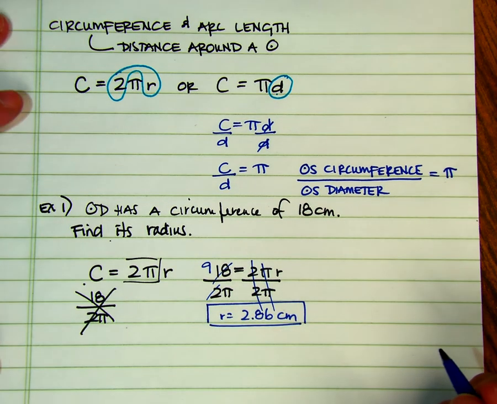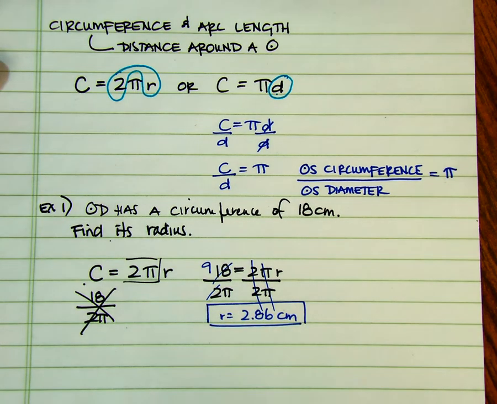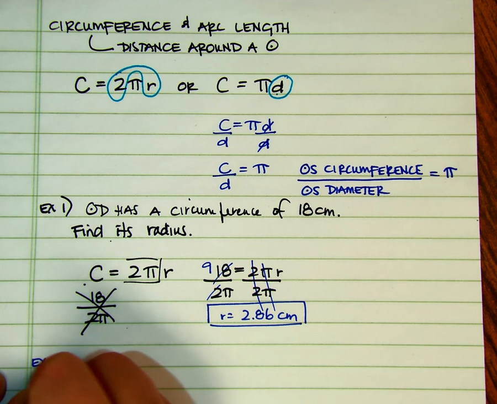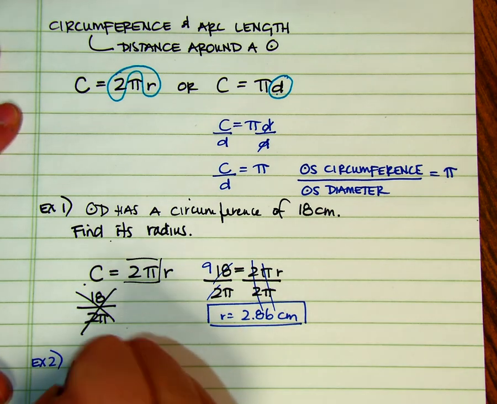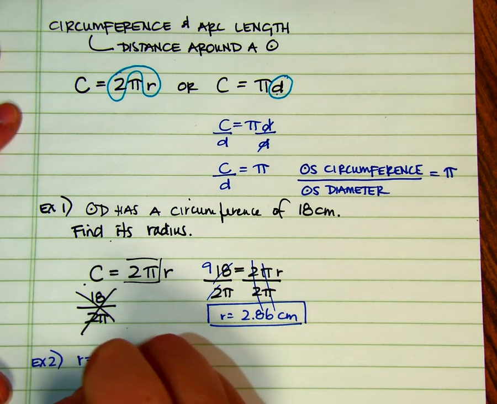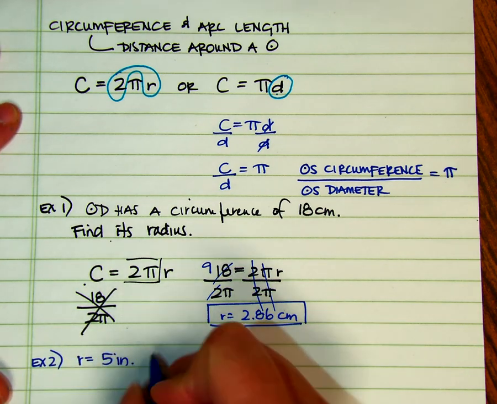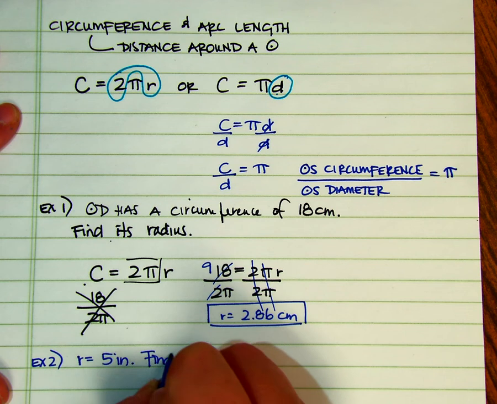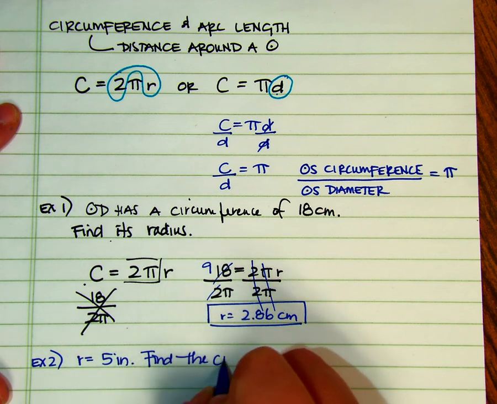Let's go the other way. So for example 2, if I have a radius equals 5 inches, find the circumference.